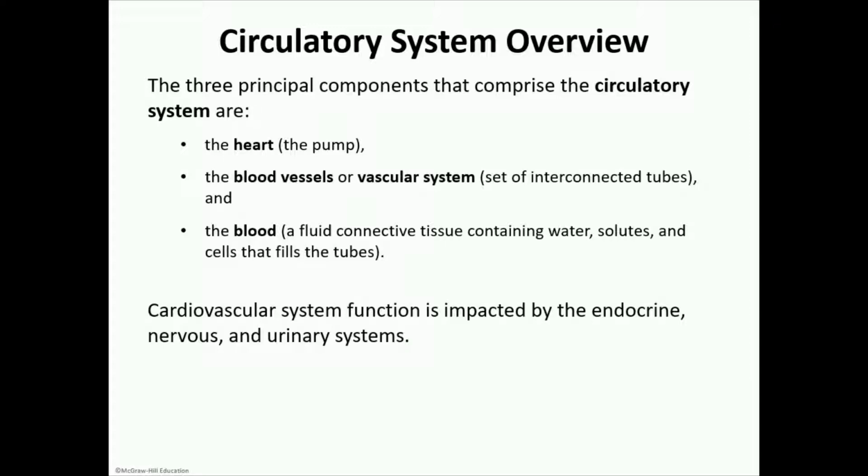So the kidneys, by making more urine or less urine, or by the production of erythropoietin, which is a hormone that stimulates the making of more RBCs. So you can see that there are different ways how all of these different systems can also affect this system that we're talking about.